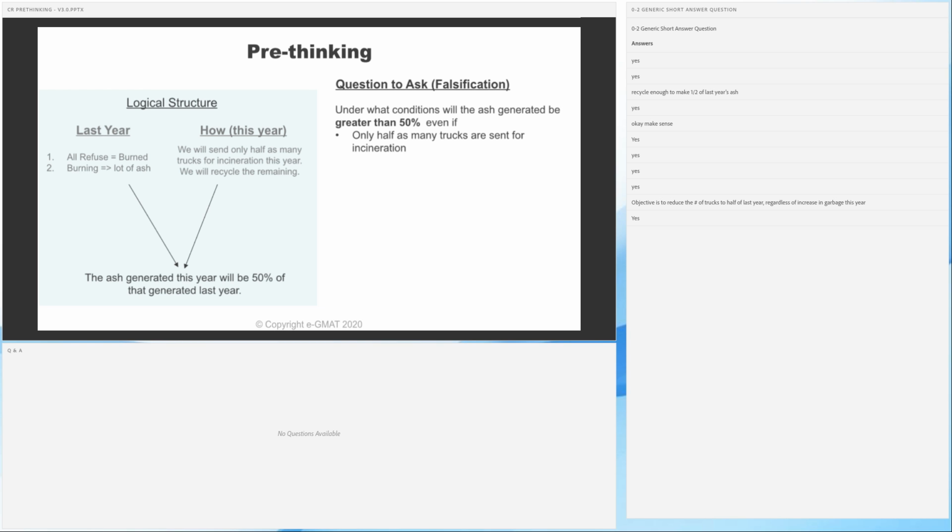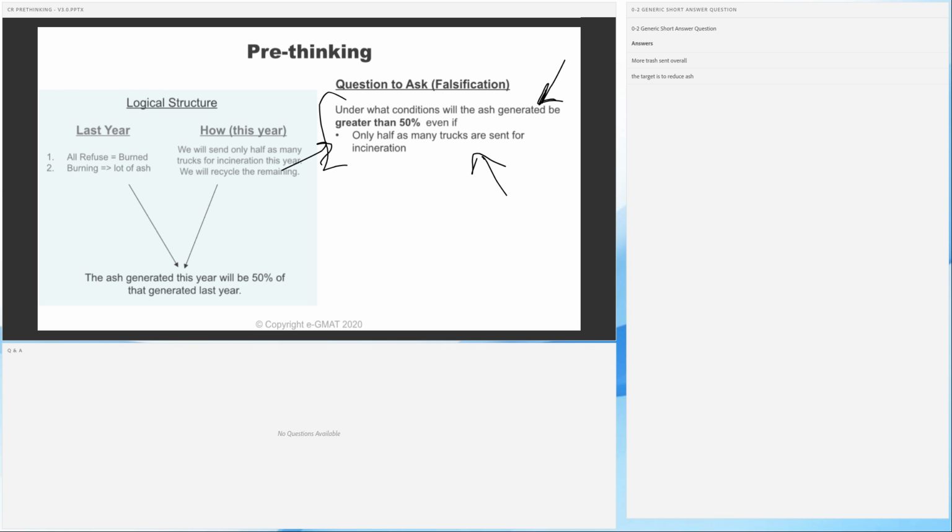So my falsification question is, under what conditions will the ash generated be more than 50%? Remember, I'm going to break the conclusion down. Even if I only send half as many trucks, in what scenario will the ash generated be greater than 50%, even if I send half as many trucks as I sent last year?